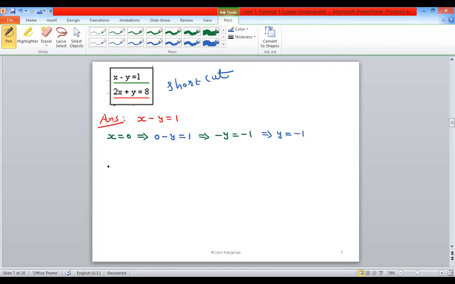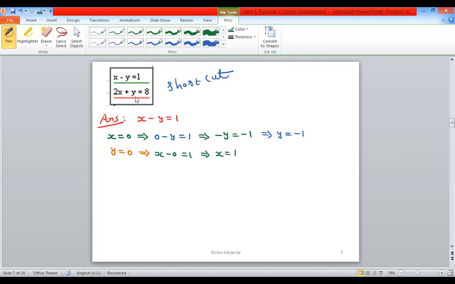You take first x is 0, put it in this equation, and you get a value for y. Now similarly, you can take y is equal to 0 and put it in this equation. When y is equal to 0, you have x minus 0 is equal to y, then x is equal to 1.